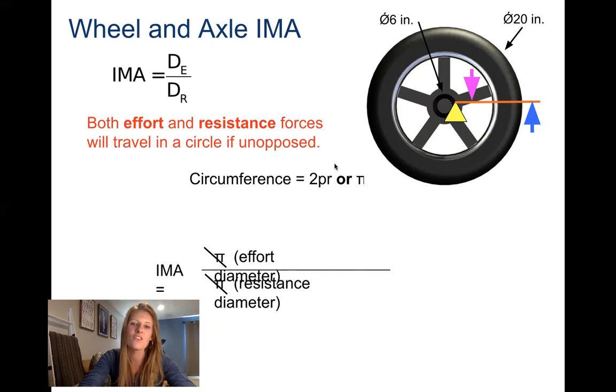So the 2 pi r's end up going away anyways. So I literally am left with 6 over 20. You can see how if I'm putting my effort on the axle, it's always going to be a small number over a big number. In math, that is going to give us a number less than 1.